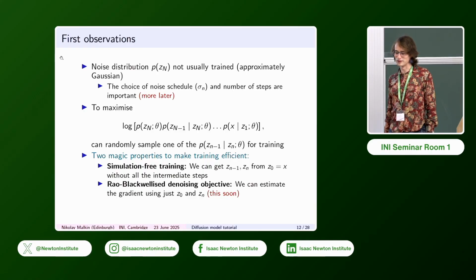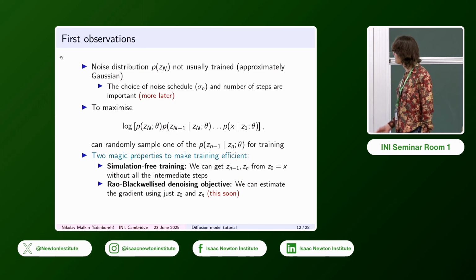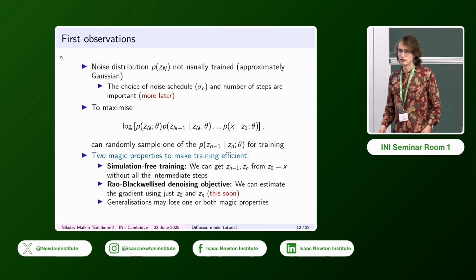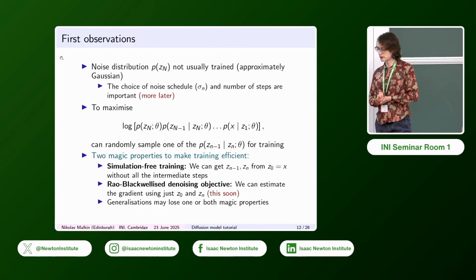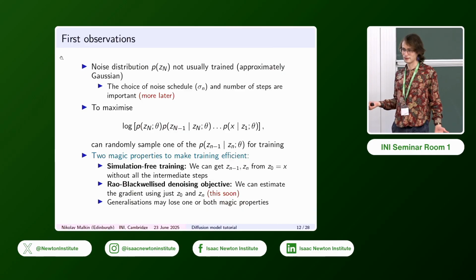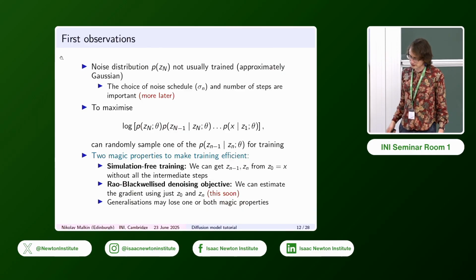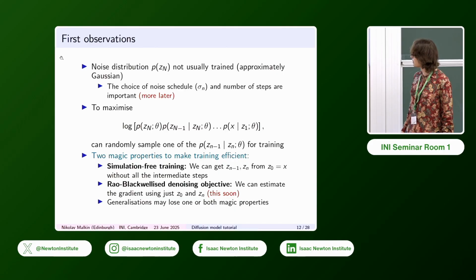And without that, it would be impossible to fit diffusion models on a large scale. So that comes next. In different generalizations of diffusion models, especially to non-Euclidean spaces and so on, you lose these properties. And sometimes other techniques are needed to make training efficient.